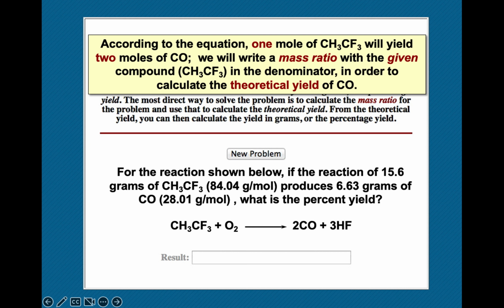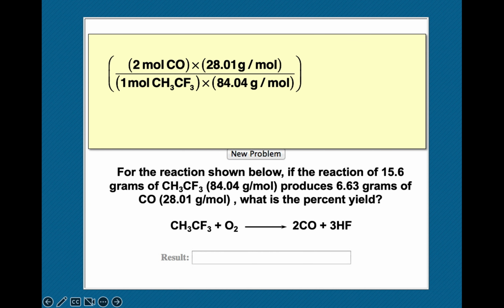Write a mass ratio with the given in the denominator and calculate the theoretical yield of CO. We can do that. Mass ratio, stoichiometric coefficient times molar mass. Same thing. For every 56 grams of CO, you need 84 grams of trifluoroethane.